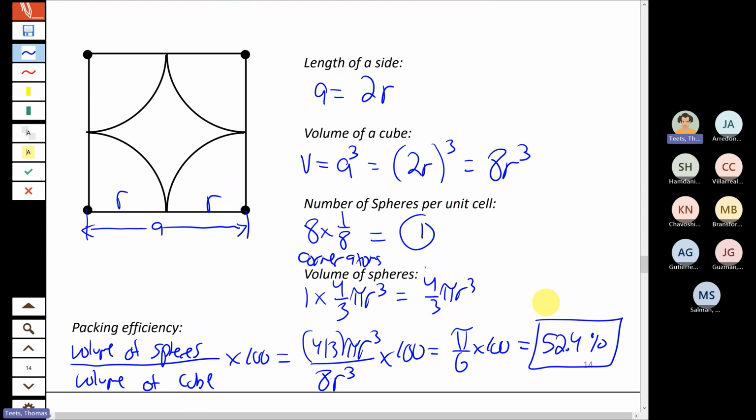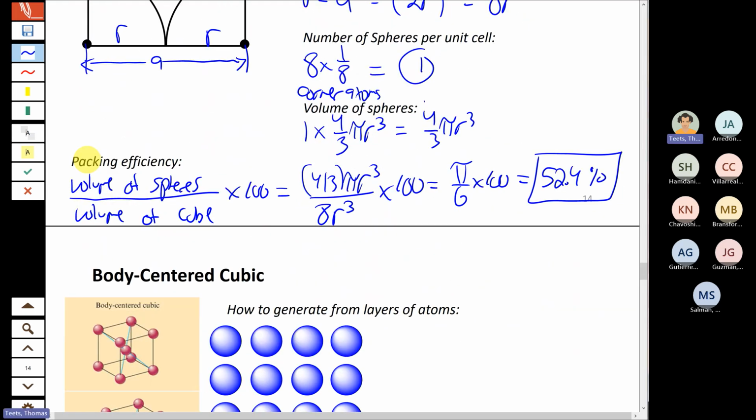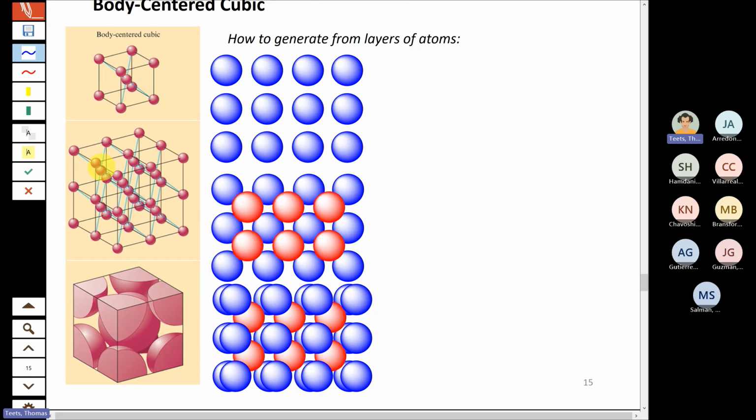So the next type of structure we're going to talk about is called body-centered cubic. In a body-centered cubic structure, you arrange the atoms on the 8 corners like we did before, and then you stuff one right in the middle of the cube. Now, in order to do that, we saw that in the simple cubic structure, all the atoms were touching along the sides. If you want to stuff a whole atom in the middle, you have to separate them apart a little bit.